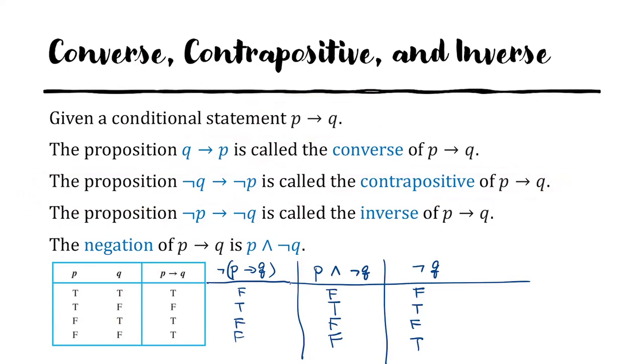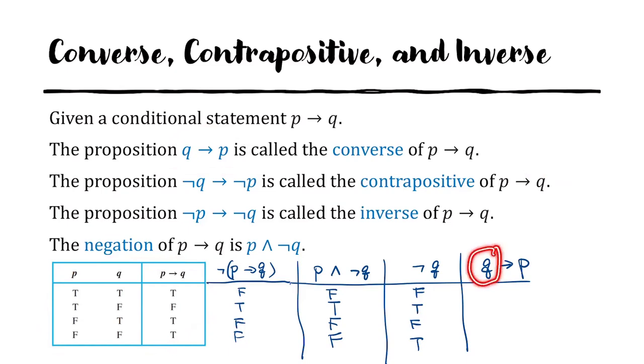Okay, since we have the table here, let's just do Q implies P. I will leave the inverse for you to do. So let's say we want to do Q implies P. This is an implication, and we know an implication is only false when the hypothesis is true and the conclusion is false.